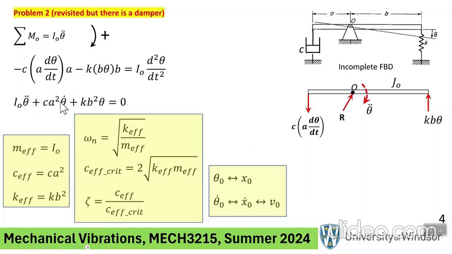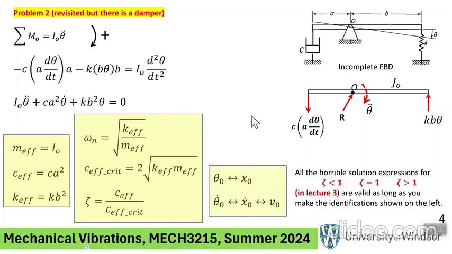So anything that we have done before, such as m x double dot plus c x dot plus k x equal to 0, applies. For example, we assume that there is an initial displacement, so there is an initial angle. We assume there is an initial velocity, so an initial angular velocity. So all the formulas which we have done in the first 2 weeks of the course for the solution of the mother of all equations apply with this identification.